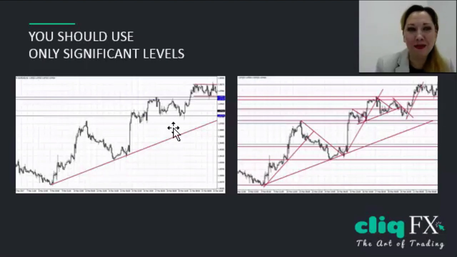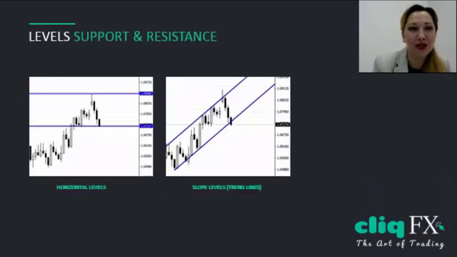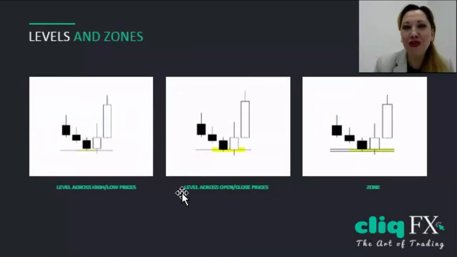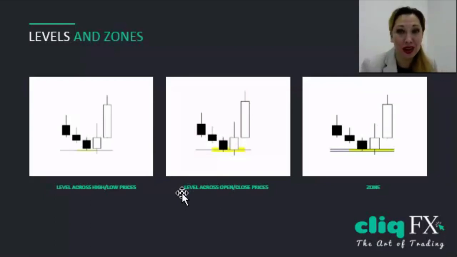The second myth says that you should draw your support, resistance or trend line exactly on the highs and lows of the candles. But actually, just imagine, it's more a zone than a single line.